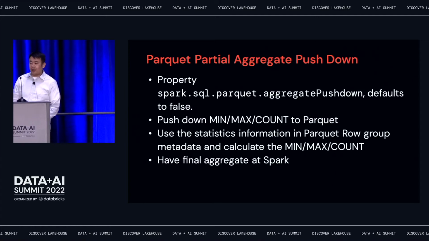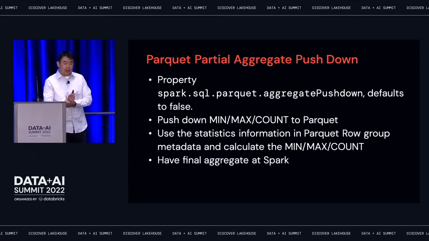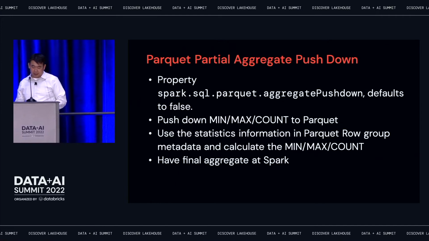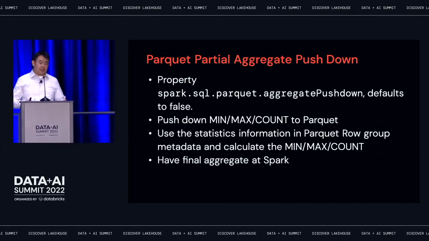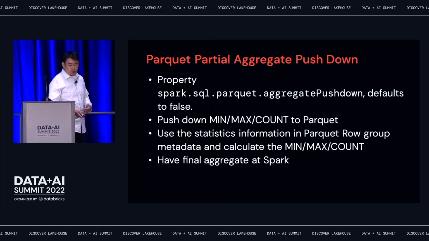So if you want to try it out, you need to manually enable that. And now we are able to push down min, max, and count statistics to Parquet in this implementation. We use the statistic information inside Parquet row group metadata to derive the global min, max, and count. And we do the final aggregation in Spark.